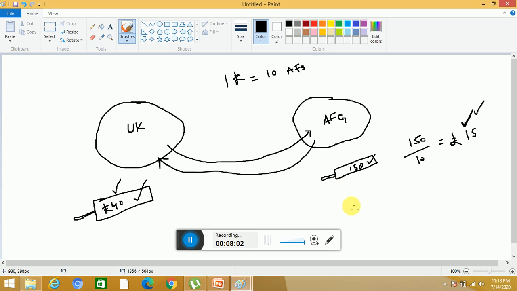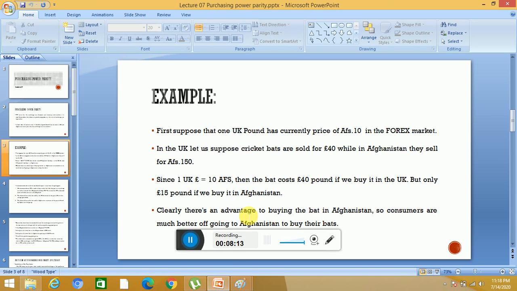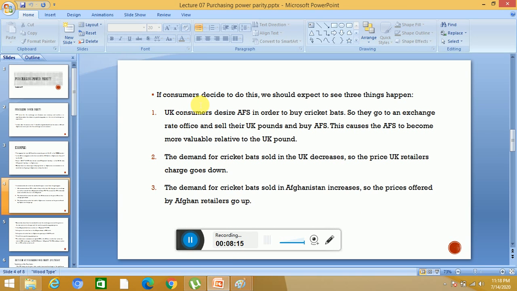So there is 25 pounds profit. Now, if consumers decide to do this, we should expect to see 3 things happen.